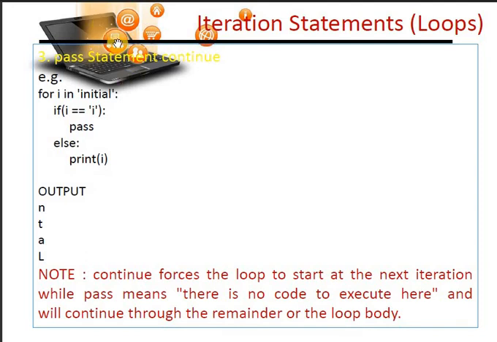Now again, one more example: for i initial, if i equal to 1, then pass. Pass means there is nothing to do and it takes the control over to the next. Okay.